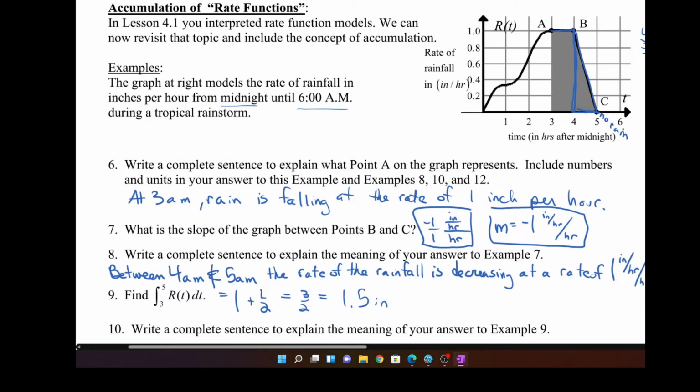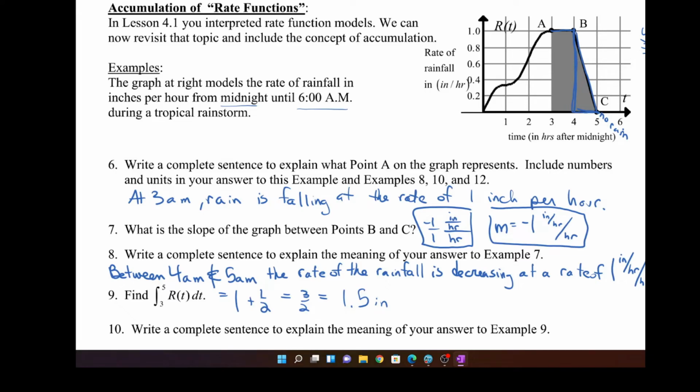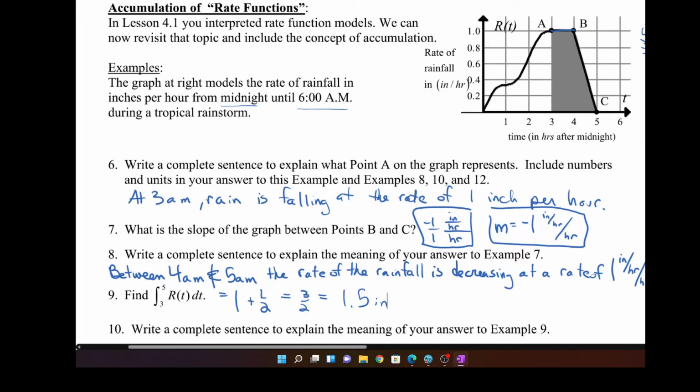We need to know what it was we just found, but I also wanted to mention I was doing it as a trapezoid a moment ago when I did it the first time. I said this was my first base, my base 1. That's a width of 1. This is my second base. Going from 3 to 5, that second base has a width of 2, and then this height was 1.